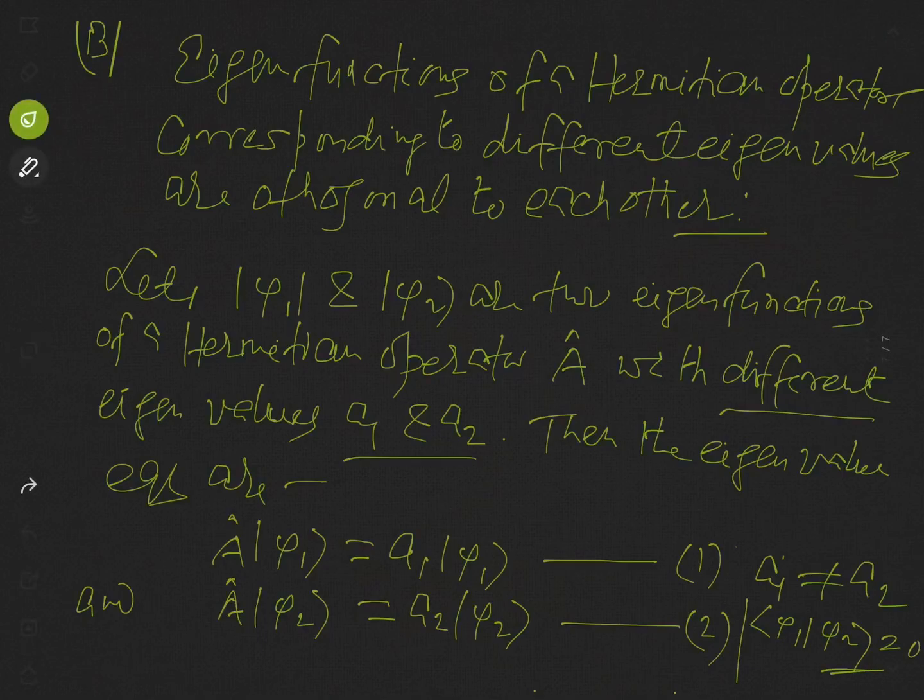Now let us see how we will prove this very important result. To prove this, we take the scalar product of each side of equation 1 with ket phi 2 and of each side of equation 2 with ket phi 1.